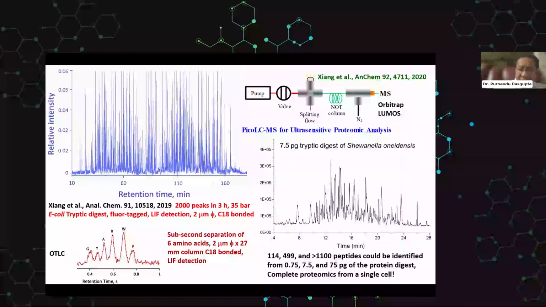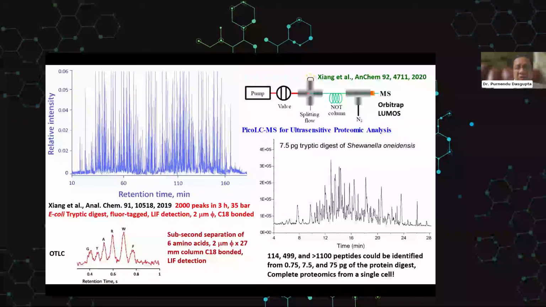This is a liquid chromatogram. This is not capillary GC. This is done by one of my former students, his group, and 2,000 peaks in 3 hours, at a pressure of 35 bars. This is E. coli tryptic digest, fluorescence tagged, laser-induced fluorescence detection.